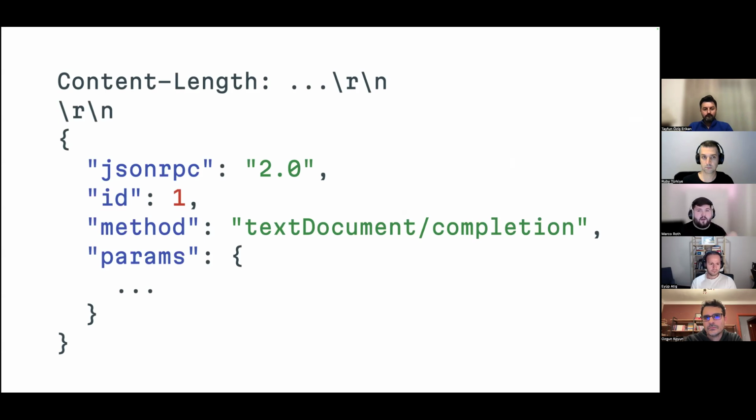So you have the headers up top as well. You have some body. In this case, it's just a JSON blob. And here we can see it just has the JSON-RPC version, it has an ID, and it has some methods and params that you can pass along. In the LSP, we have some messages that we can send between the client and the server. Usually these are the request, response, and notification messages.